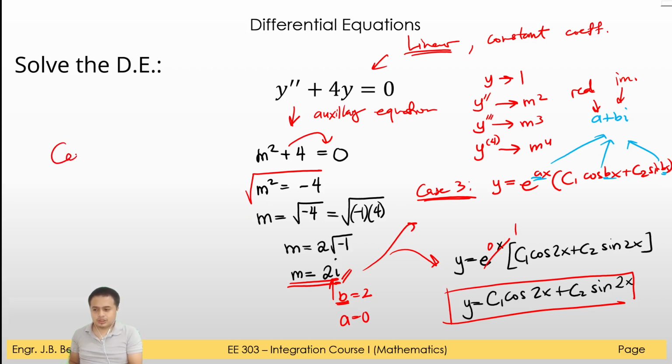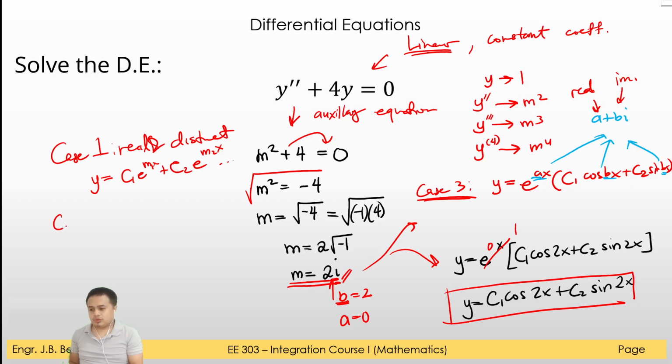So for case 1, you have real and distinct. So basically, you just use y is equal to c1 e raised to m1x plus c2 e raised to m2x. So we have the first m and so on. And then for case 2, you have real and repeated. So similar to partial fractions, we have these 4 cases.